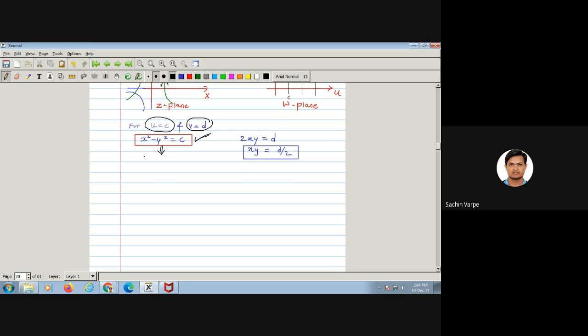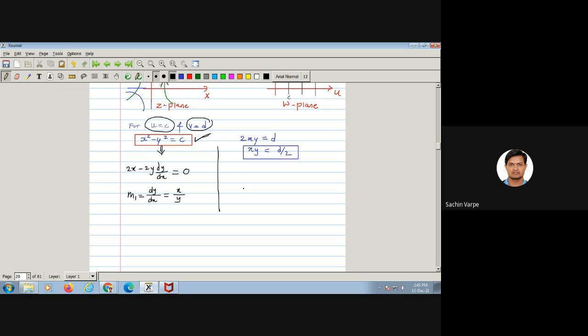We differentiate both sides. So the derivative is 2x minus 2y dy by dx is equal to 0. So from here, what will be the value of dy by dx? dy by dx is equal to x upon y. Let us call this m1.